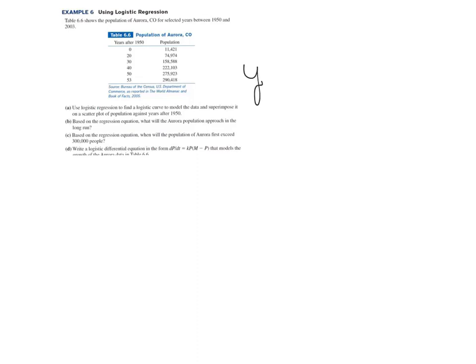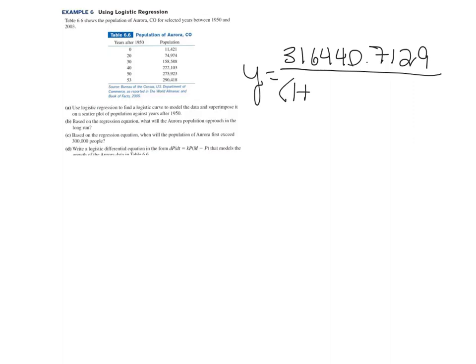equation you get is y equals 31640.7129 all over 1 plus 23.5766 e to the negative 0.103 x.